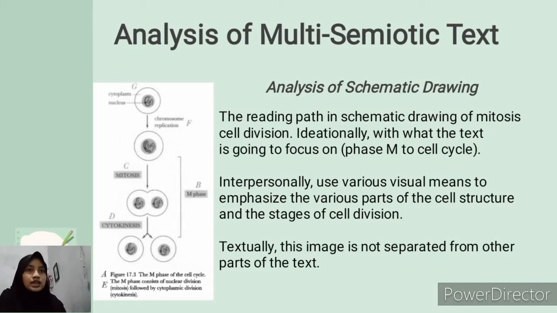It is focused in the direction of the arrow from top to bottom. Additionally, the arrow serves to indicate the process and direction of movement, change or development of various intermediate phases between the circles above and below it.